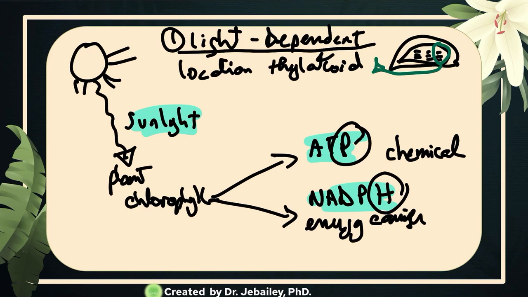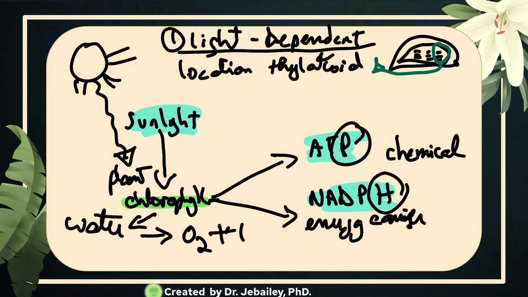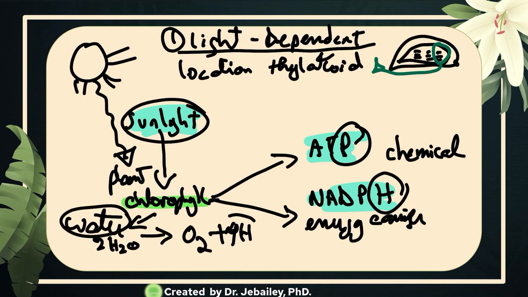Now, the plant has the pigments, as we see here, chlorophyll. But besides that, in order to do this whole process, it also needs water. So once the sunlight comes in, that sunlight hits the water and breaks the water into oxygen and hydrogens. Of course, there's two waters here, H2O. Now, when the sunlight breaks water, forming 4 hydrogens and an oxygen, the oxygen goes out of the plant.